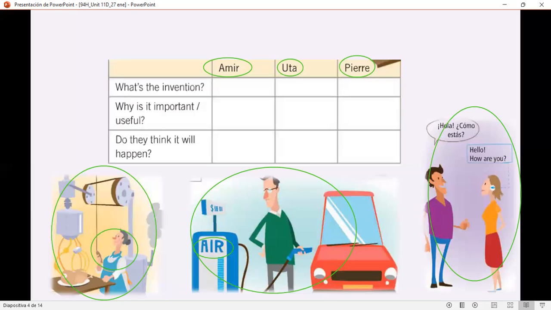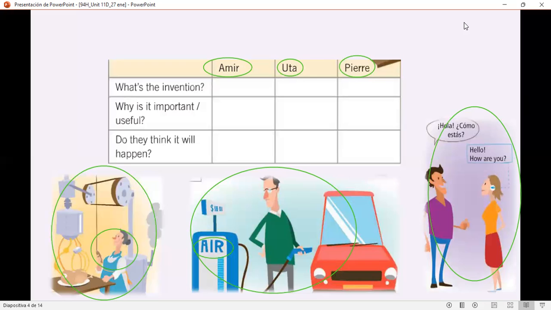But that's the same with all new inventions. They're always expensive at the start. So I think it will happen, and it'll be really good because all the fields we used to grow food for cows could be used for something else, to grow vegetables or plant trees, for example. Thanks, Uta. Artificial meat. Wow, that sounds scary. Anyhow, last up we have Pierre.